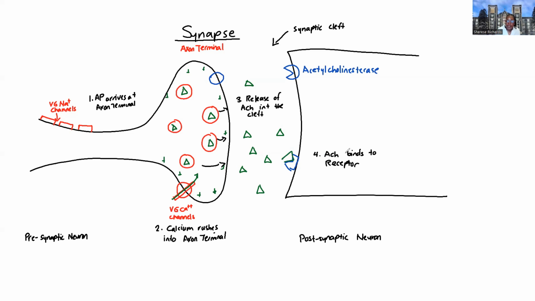The signal has been sent, and now we need to clear the junction. So step 5 is to clear the junction of excess neurotransmitter. Clear the cleft, the synaptic cleft or junction.